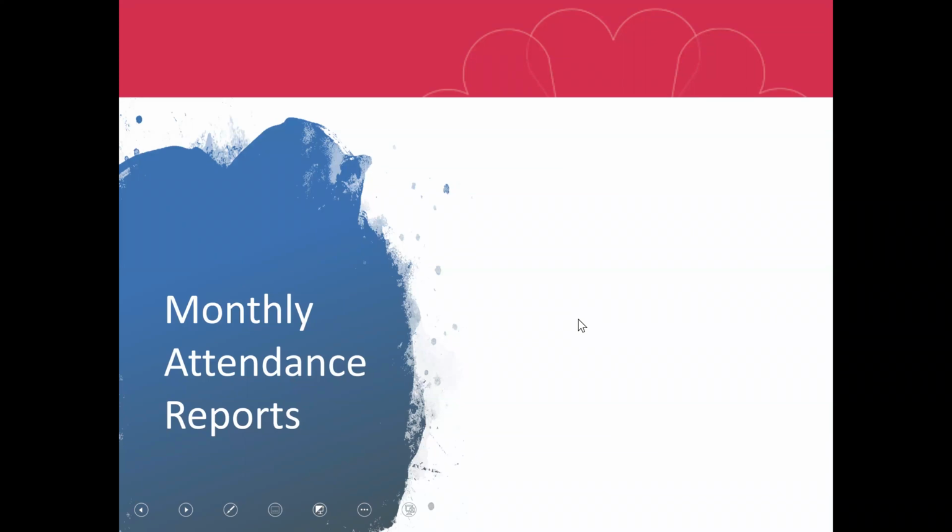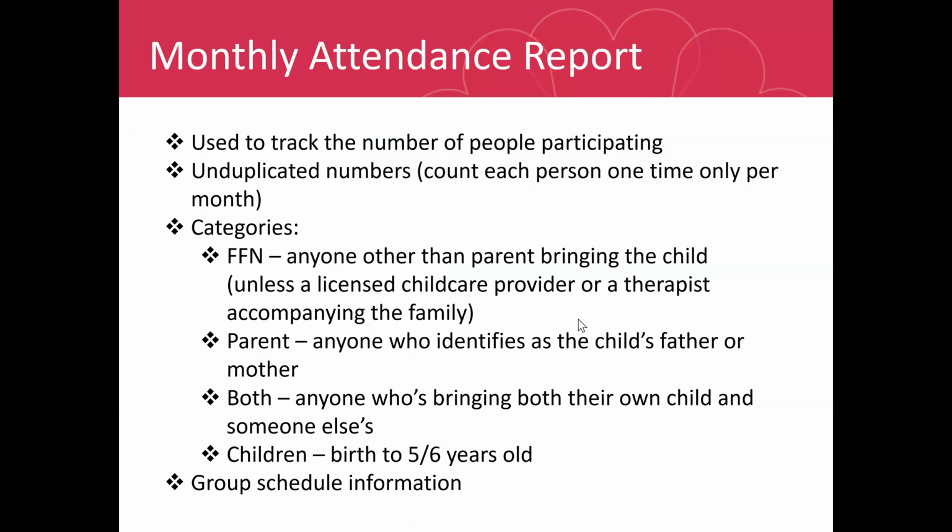Okay, everyone, we're going to talk about attendance reports and how to track it. So for the attendance, why we use them is to track information of people participating in your group. It helps with understanding the impact of our program and with our evaluations.